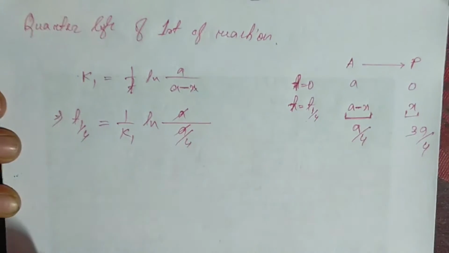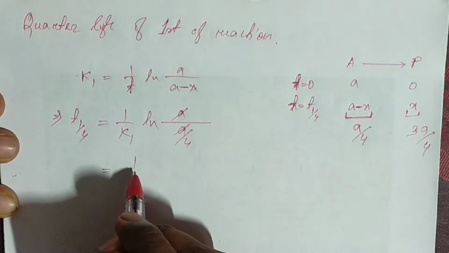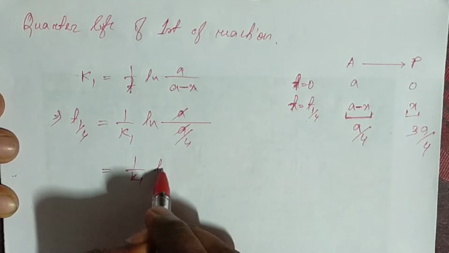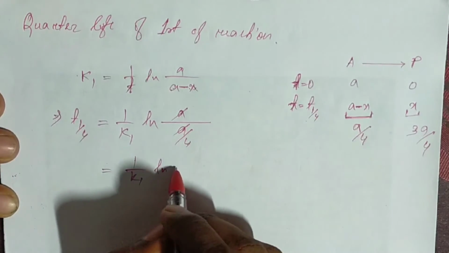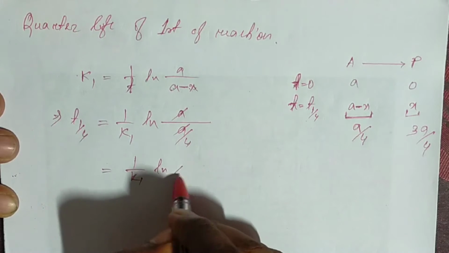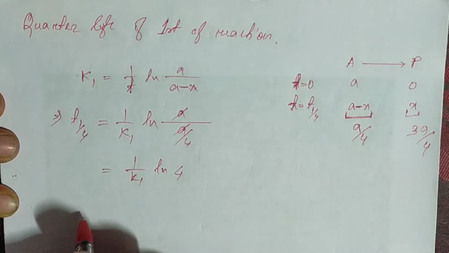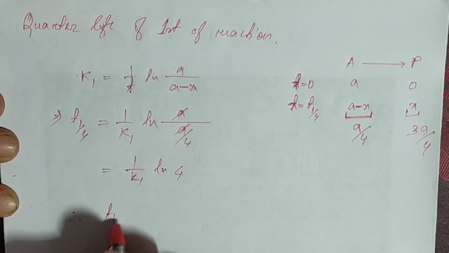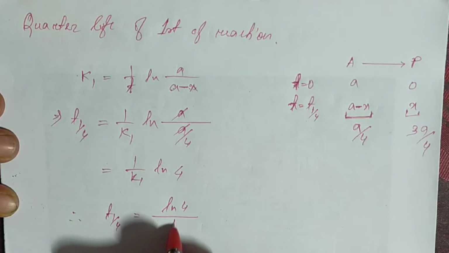So a will be cut off, and it will be 1 by k1 ln 4. So we can write t 1/4 is equal to ln 4 by k1.